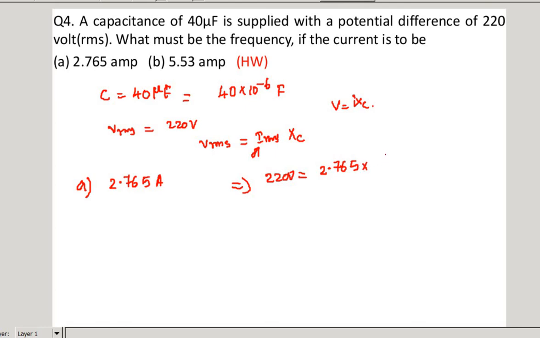Xc is 1 by omega c, so 1 by 2 pi into f into 40 into 10 raised to minus 6. By doing this calculation, you will be able to find the value of frequency. Similarly, you can find the value of frequency for 5.53 amperes.